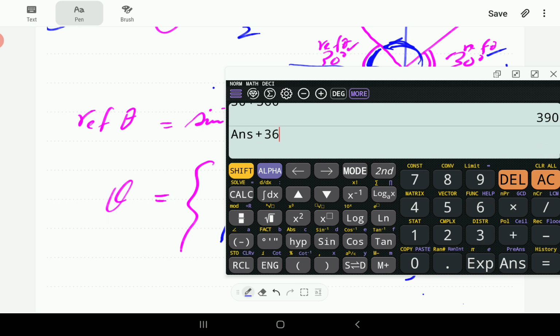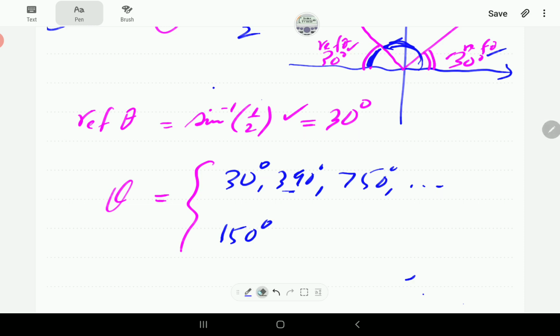If you say plus 360 again, you get 750. Say plus 360 again, you get 1110. Alternatively, we could say 30, subtract 360 this time, gives us minus 330. Subtract 360 again, gives us minus 690. So there are many of them, but all of them we get by adding multiples of 360.